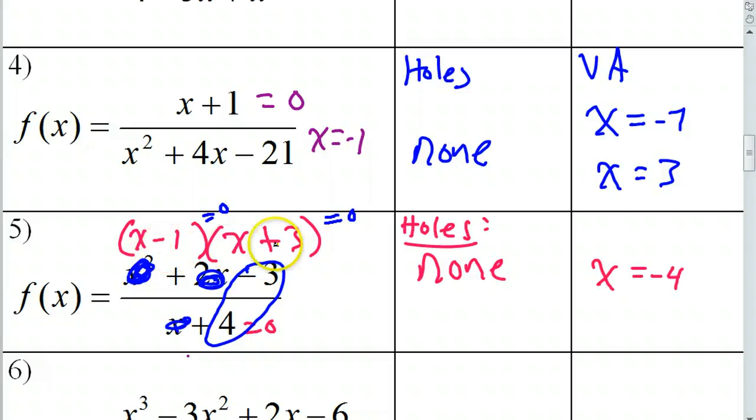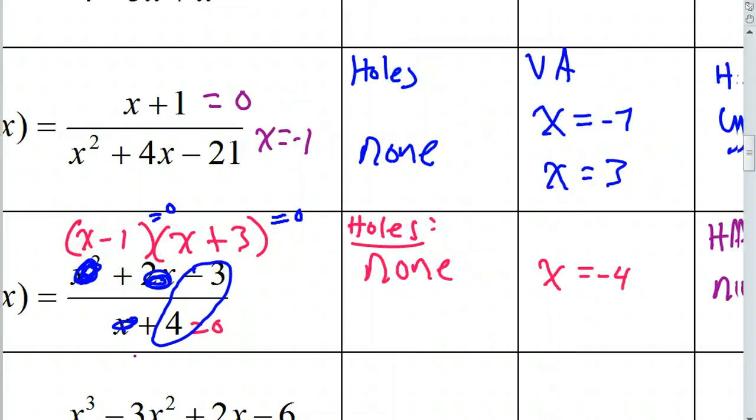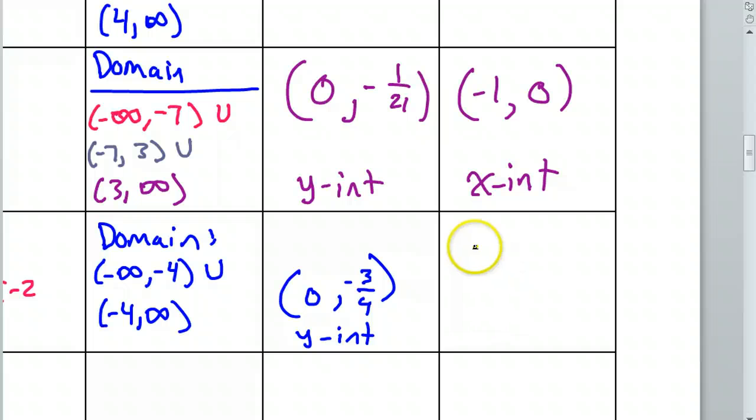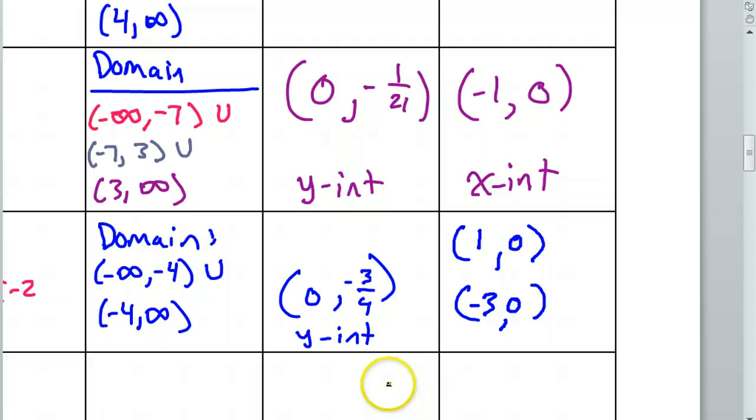So +1, -3. Now these are x-intercepts, so I'm going to put them for the x value. So +1 and -3 for the x values because they're x-intercepts. The y values that go with them will be 0. Okay, so that's it for number 4, 5.